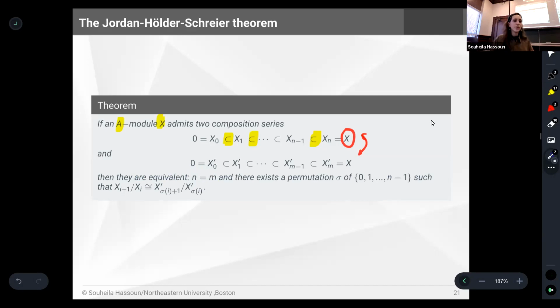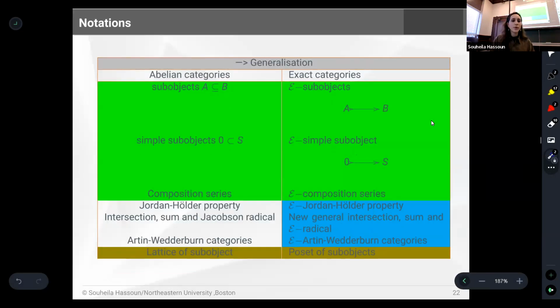But in general, if you take any exact structure, which is supposed to behave well, it's not always the case that we get one unique number that we can use to define a length. So what we decided to do is to study when this will be satisfied. Instead of taking, in an abelian category, subobjects or monomorphisms, we will take an admissible monomorphism, which means a monomorphism in the exact structure.